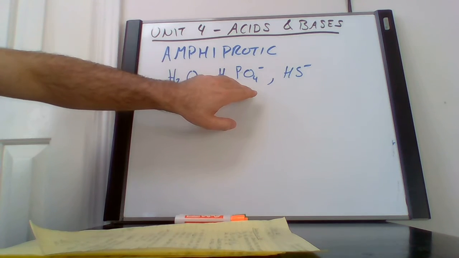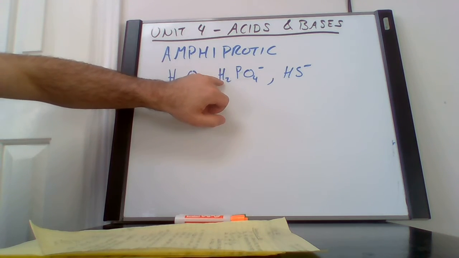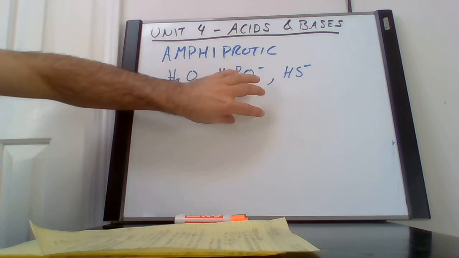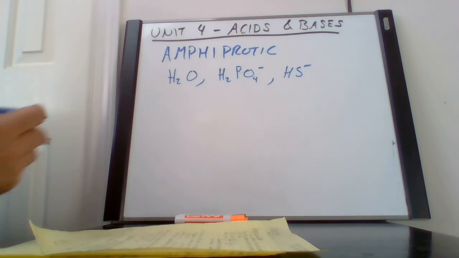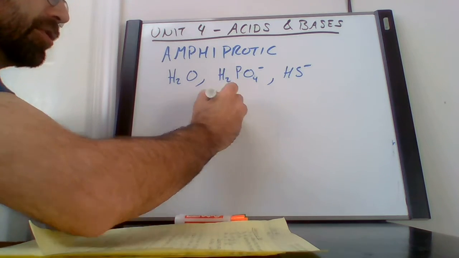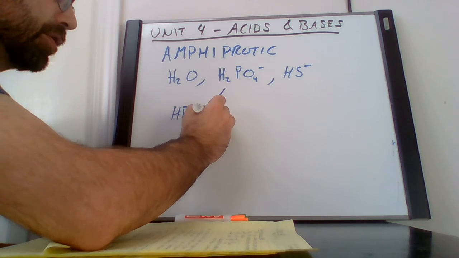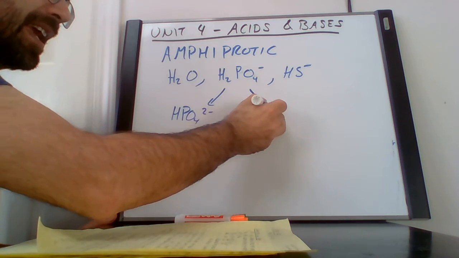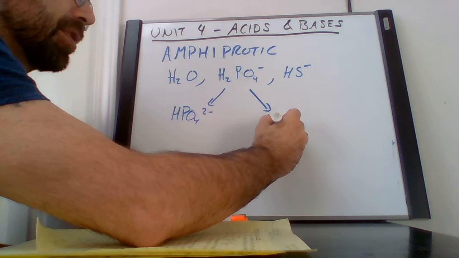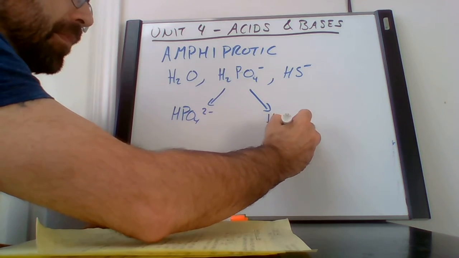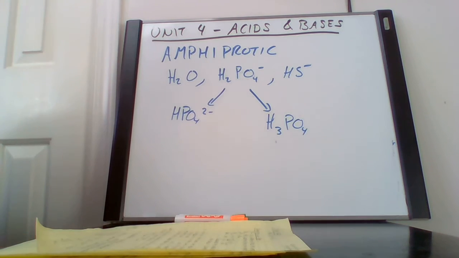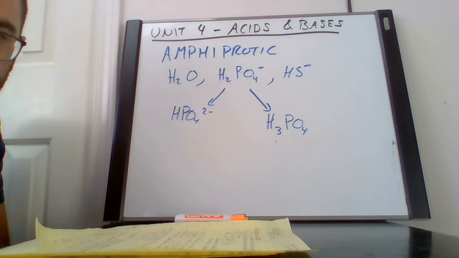Especially if we're looking at here, we've got this H2PO4. I've still got another proton I can donate, but I've also got a negative charge, which means I can accept that proton, right? So from here, if I donated another proton, I would be HPO4 2 minus, whereas if I gained a proton here, I would be H3PO4. Okay, so we do have a couple options on this one.